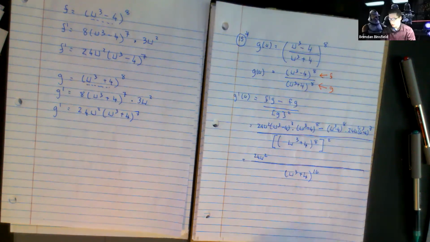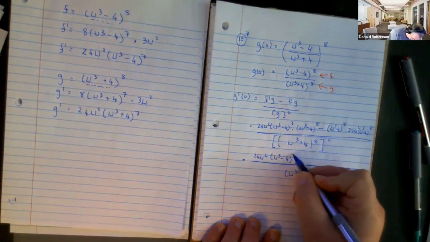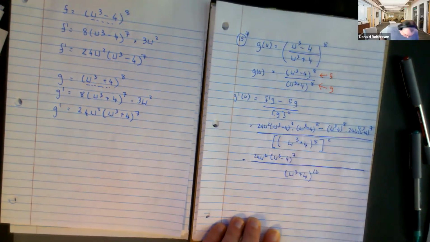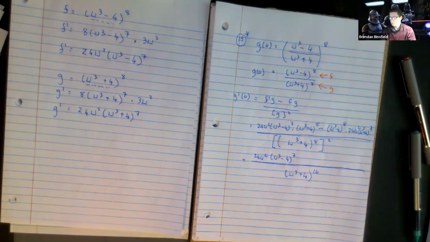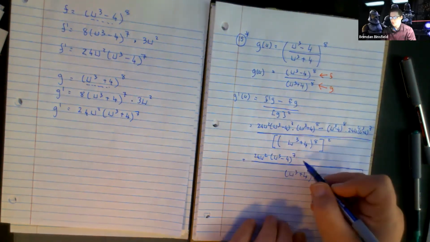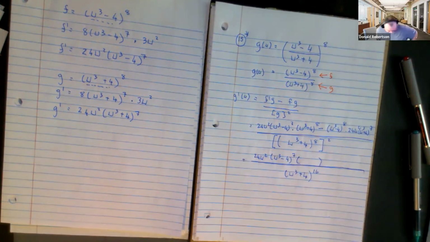u cubed minus 4 to the 7th. And the reason you chose 7, which is the right one to pick, was... You could have picked 8, but why'd you pick 7? It's the lesser value that does not have any issues. Right, that'll work. What's the other one?